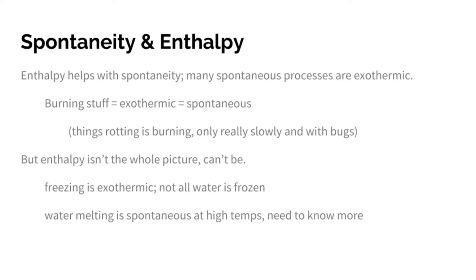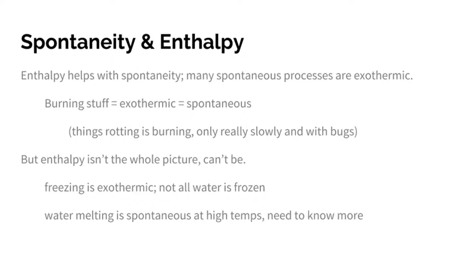And the relationship between spontaneity and enthalpy is not direct and simple. Okay? Enthalpy helps us determine whether or not something is spontaneous. Many spontaneous processes are exothermic. Okay? Like I said, exothermic is favored, but it's not universal. Okay? But burning things, that's an exothermic process.